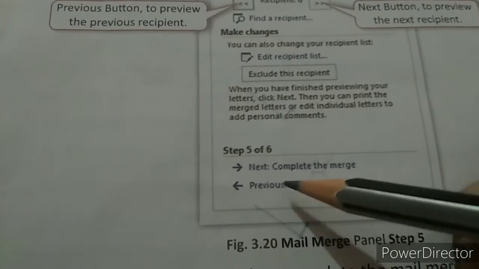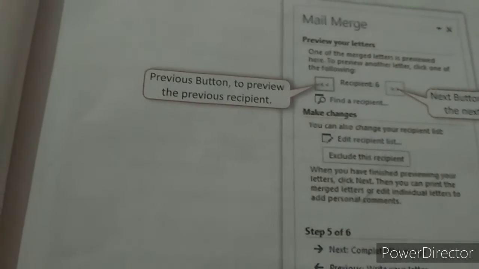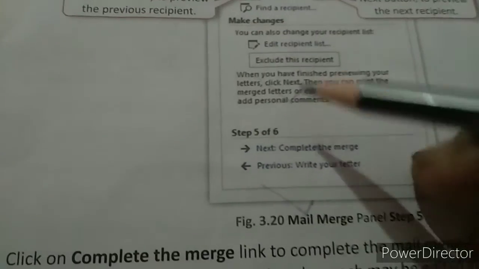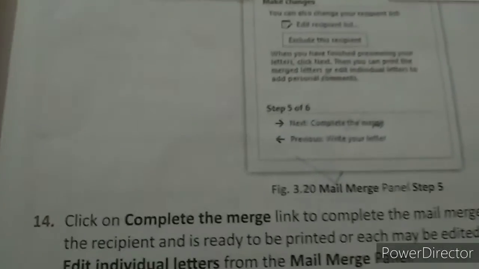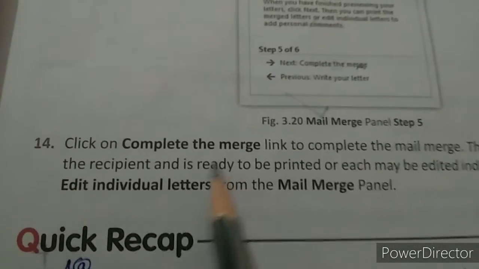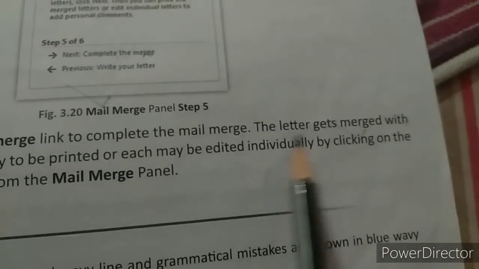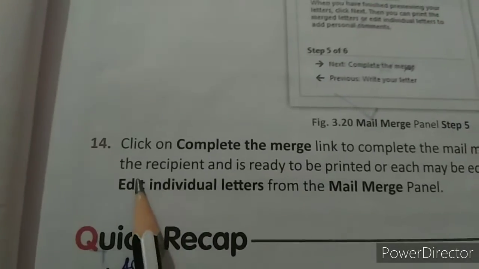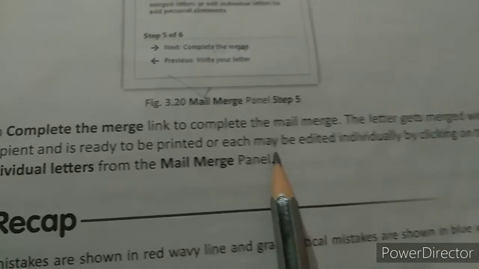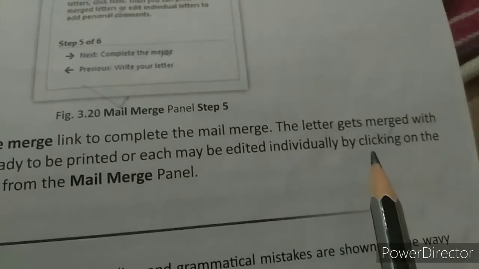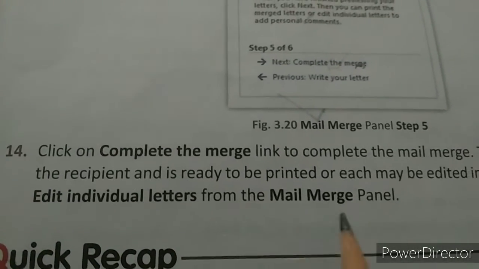After that, our next step is Complete the merge. When we have seen that our letter and everything is okay, we click on this last step, Complete the mail merge. The letter gets merged with the recipients and is ready to be printed, or each may be edited individually by clicking on Edit individual letters from the mail merge panel.